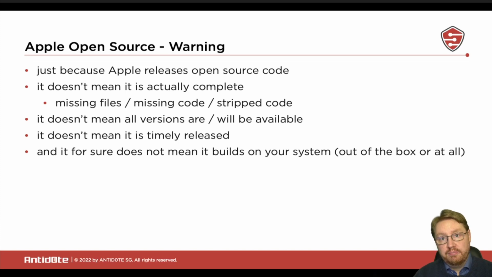It also doesn't mean that there are timely releases of source code. Whenever there's a new macOS, you often have to wait a long time for the source code of the recent macOS to become available. There's no public plan for when source code gets released.